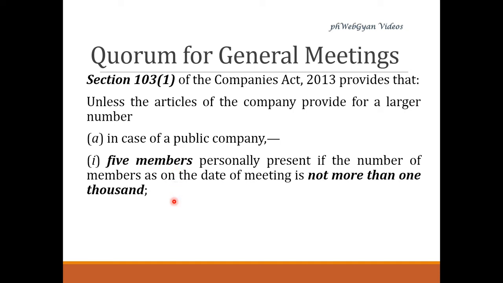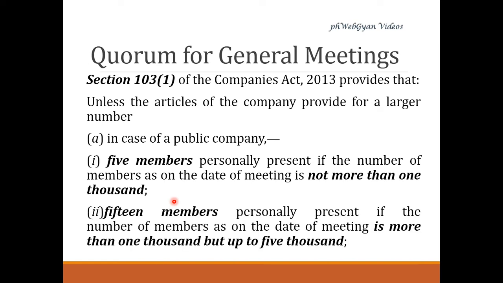5 members shall be personally present if the number of members as on the date of meeting is not more than 1000. So if the number of members is less than 1000, then the quorum will be 5 members. Secondly, 15 members personally present if the number of members as on the date of meeting is more than 1000 but up to 5000.